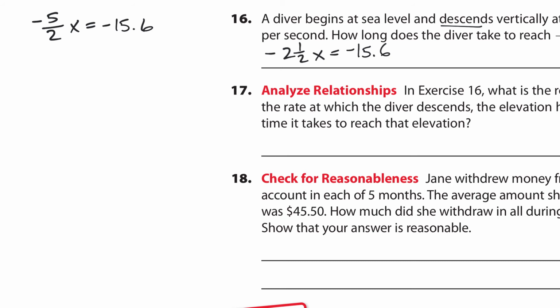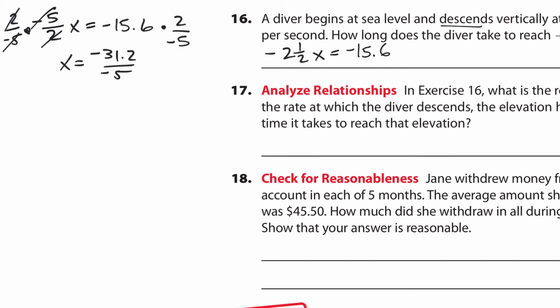Let's go with the reciprocal. We did that before, so 2 over negative 5. If we multiply by the reciprocal here, 2 over negative 5, these all cross cancel, and x is equal to, we multiply 15.6 times 2, which I think is 31.2. Yeah, that's negative 31.2 divided by negative 5.